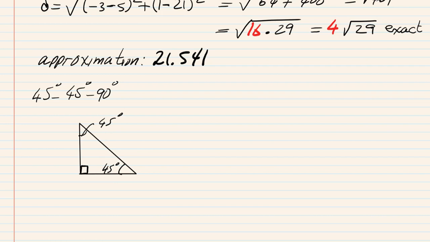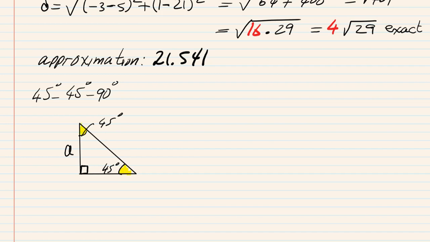Okay, now let's call the sides of the triangle A, B, C. Now, because this is a 45, 45, 90 triangle, these are the base angles, this one and this one.